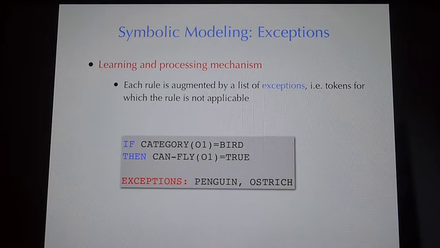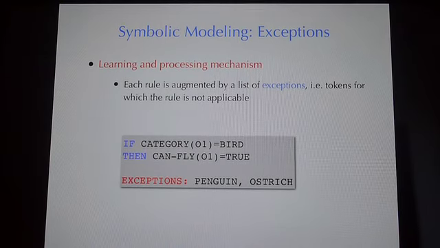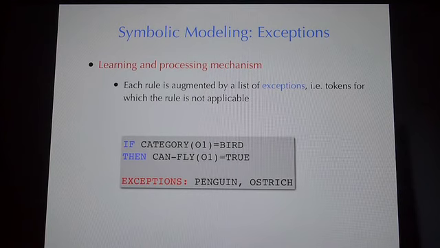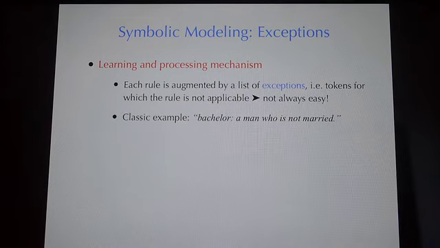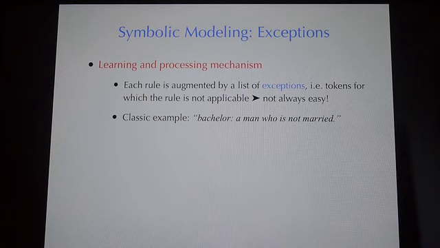So the solution that the symbolic modeling framework provides is, okay, you can define a rule, but you can also list a number of exceptions to that rule. So in this case, you see that we have a separate line under the rule which iterates the exceptions to this rule, things that belong to the category bird but cannot fly.